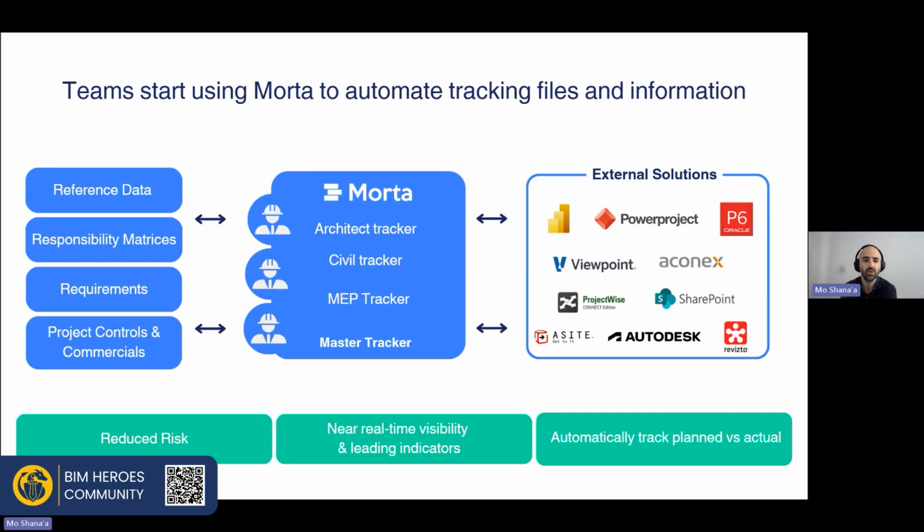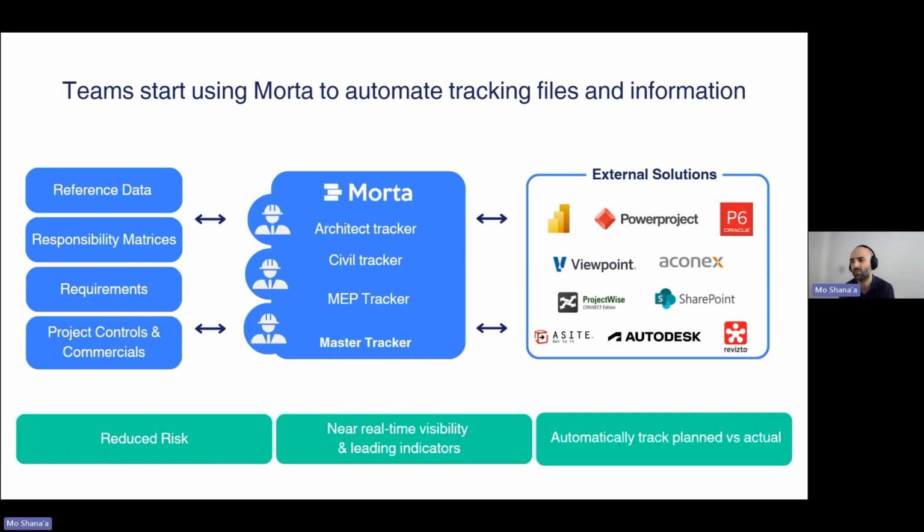And by using Morta, what companies end up doing is they automate tracking. Off the back of automating tracking, they move towards leading indicators on performance, effectively evidencing that the work has been done, which then helps ensure that they get paid what they should get paid.